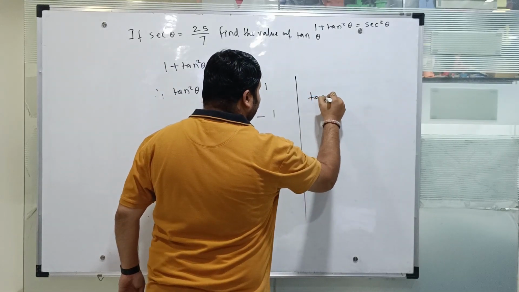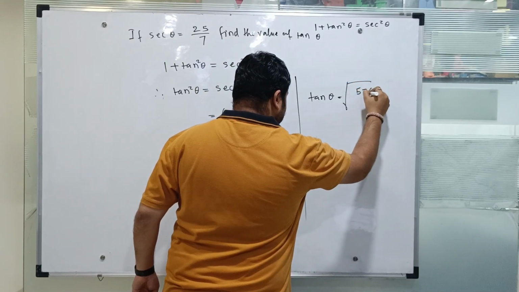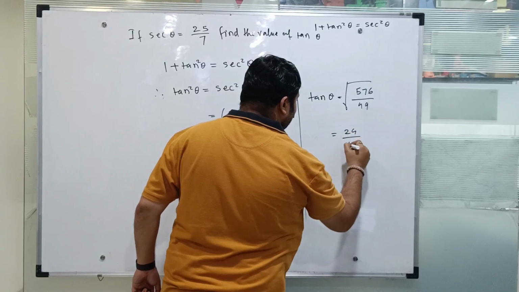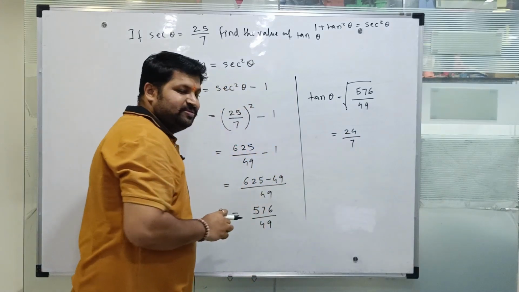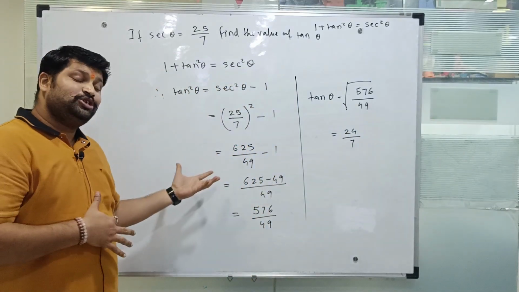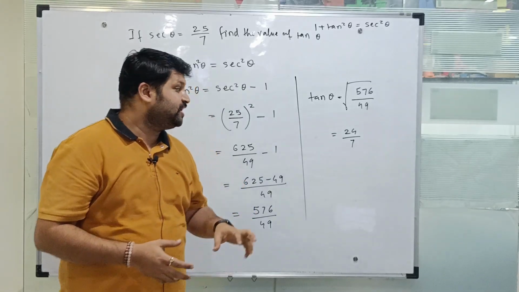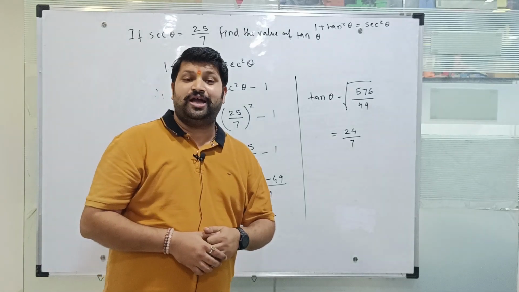So value of tan theta would be root of 576 upon 49. So that is 24 upon 7. And this is how we are going to use this trigonometric identity in a slightly non-traditional way to find the values of other angles as well.